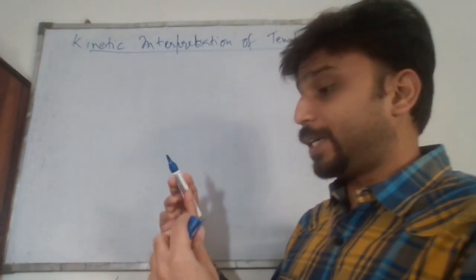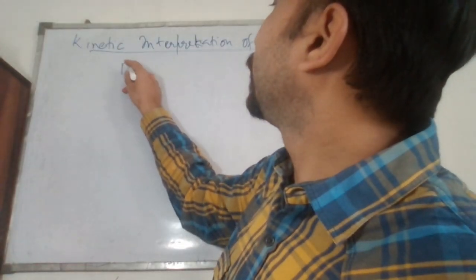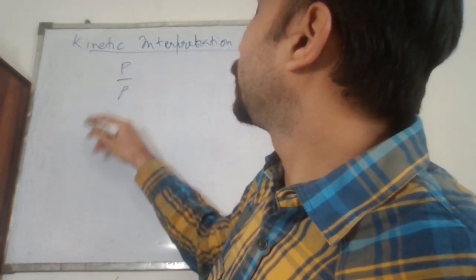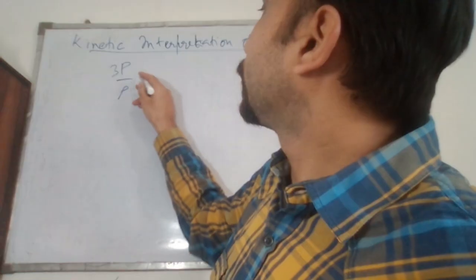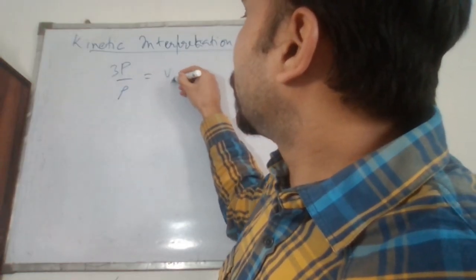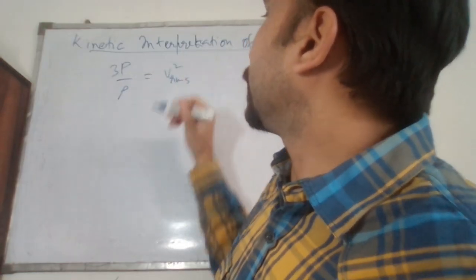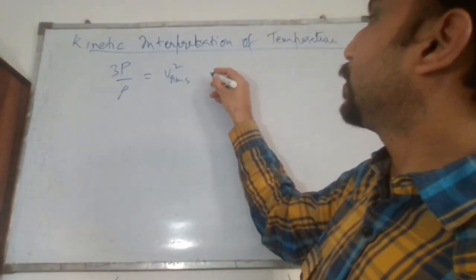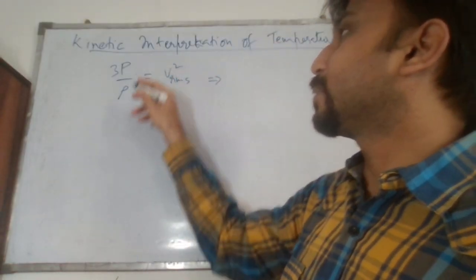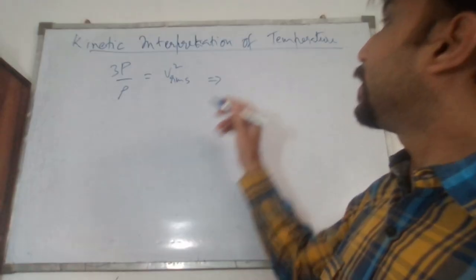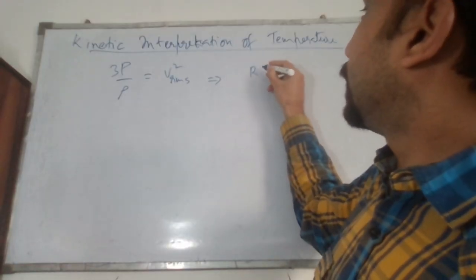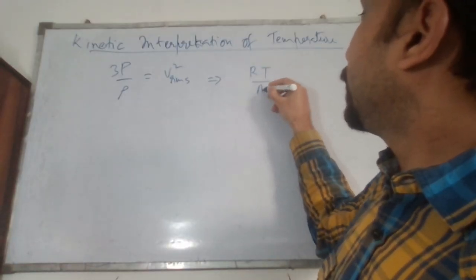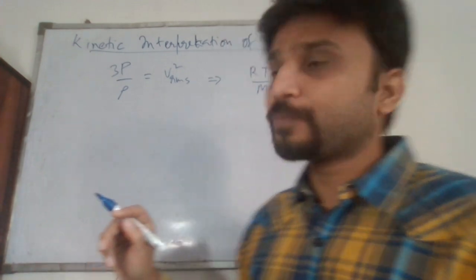The equation which we had was P by rho is equal to the square of the RMS speed of the gas. So this expression P by rho, we can replace by RT by the molar mass of the gas.